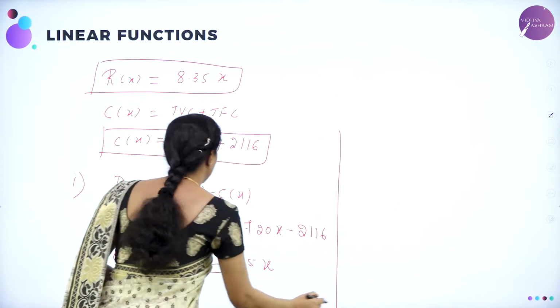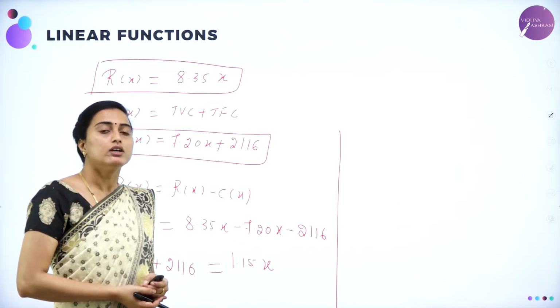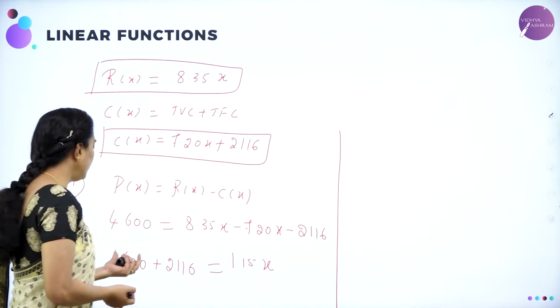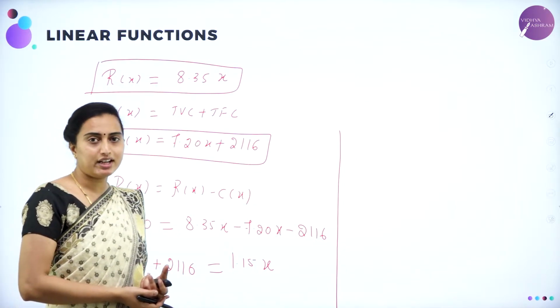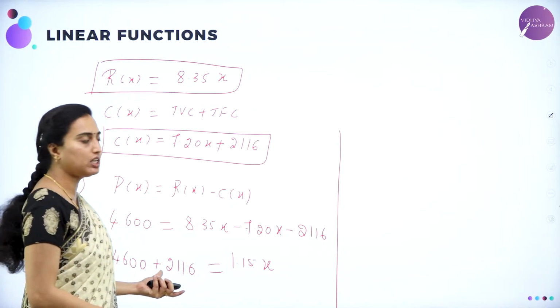Therefore, this 4,600 plus 2,116 is equal to 6,716, right?